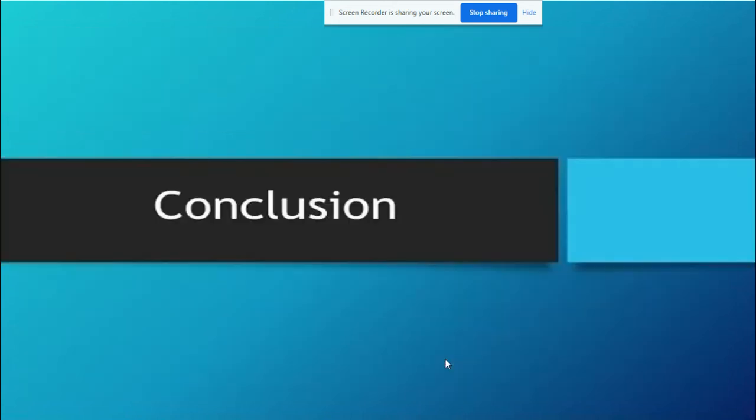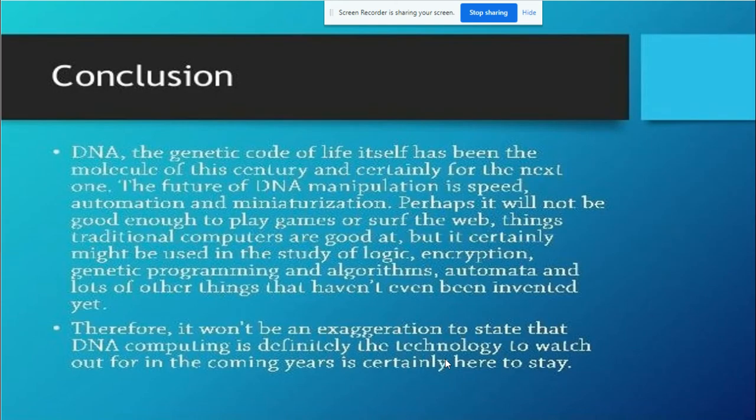Now we will end with a conclusion. DNA is the genetic code of life itself, has been the molecule of its century, and certainly the next one. The future of DNA manipulation is speed, automation, and miniaturization.